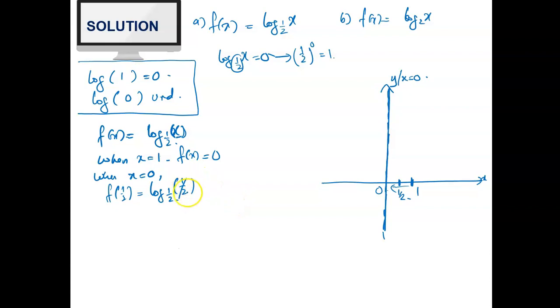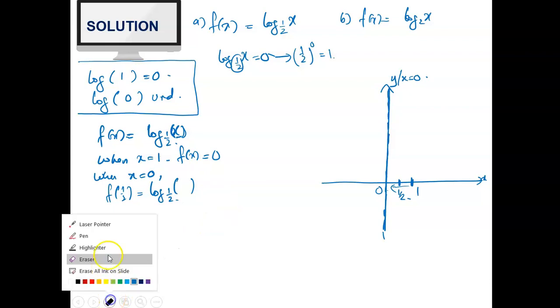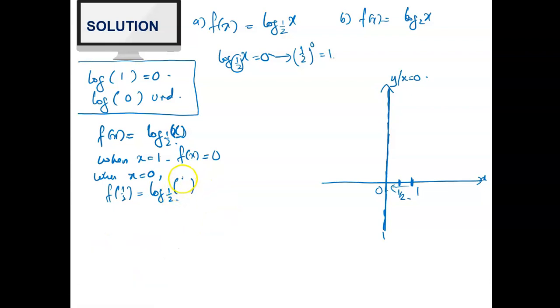Oh, wait, sorry, for this case, log half to the base of half is just like log a to the base of a, which is equal to 1. So log half to the base of half, yes, is a positive value here.